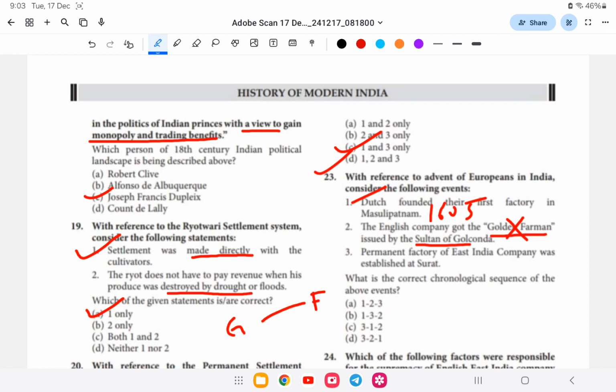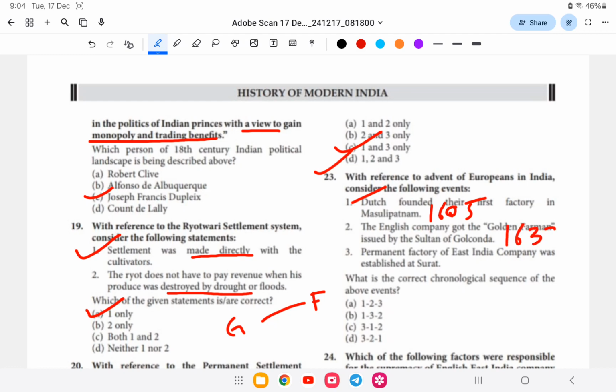Surat was established, correct. That means the timeline matters. The Dutch established Masulipatnam in 1605. And the Sultan of Golconda issued the Golden Farman in 1632.